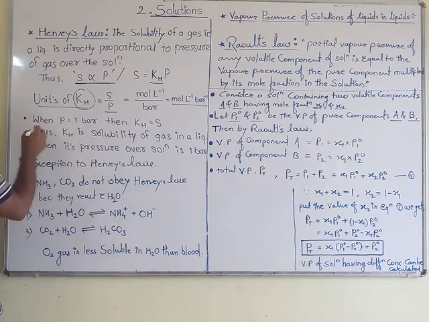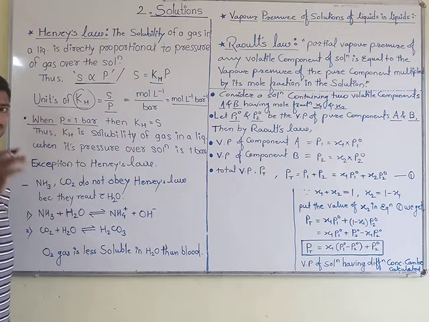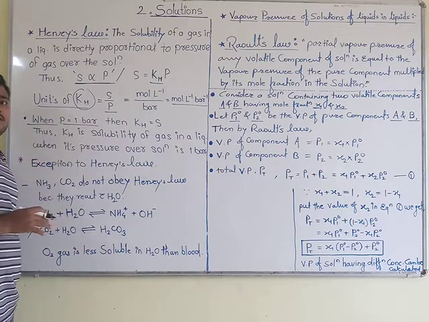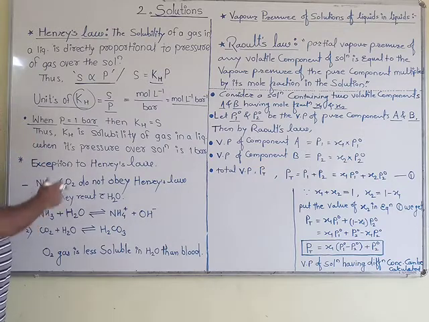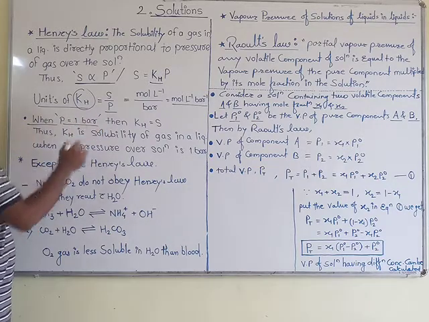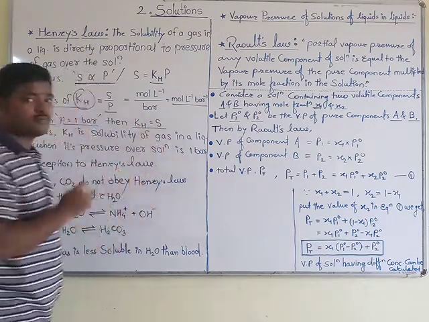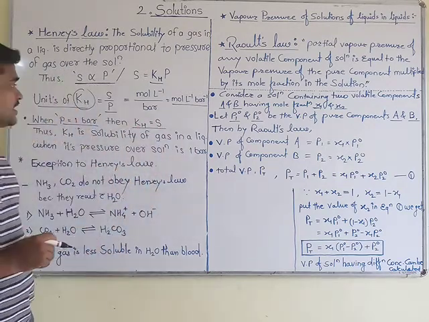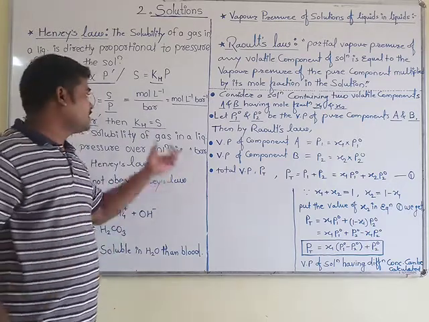Here one condition is there: when pressure is 1 bar, means we are looking at this law in standard conditions. At that time, if the pressure is 1 bar, then this constant Kh is nothing but the solubility.